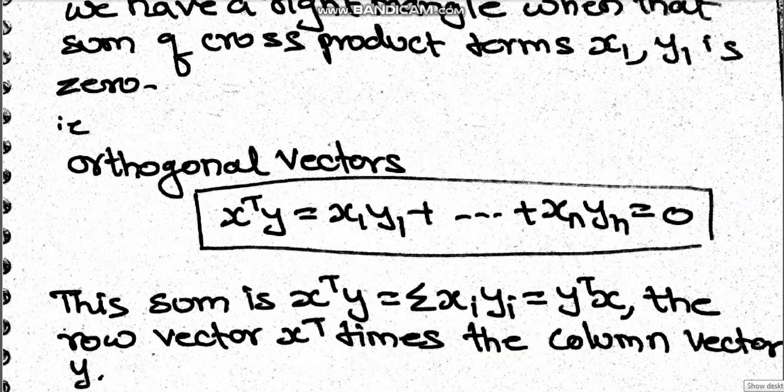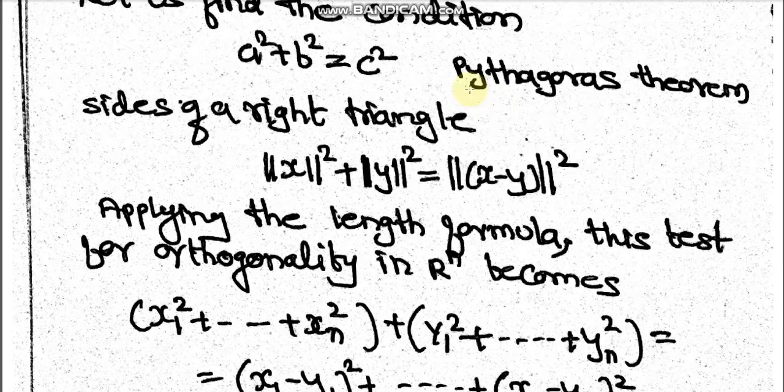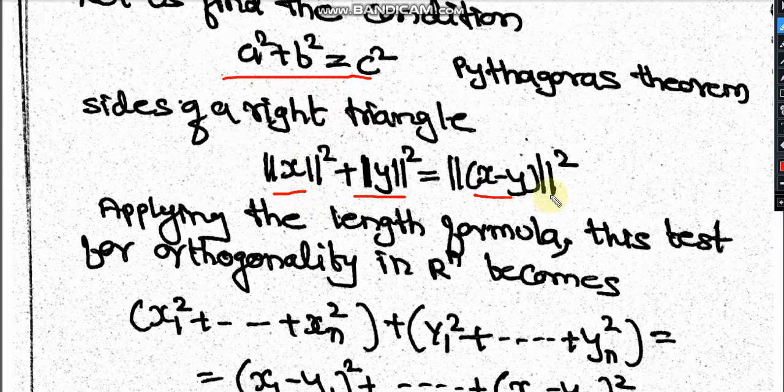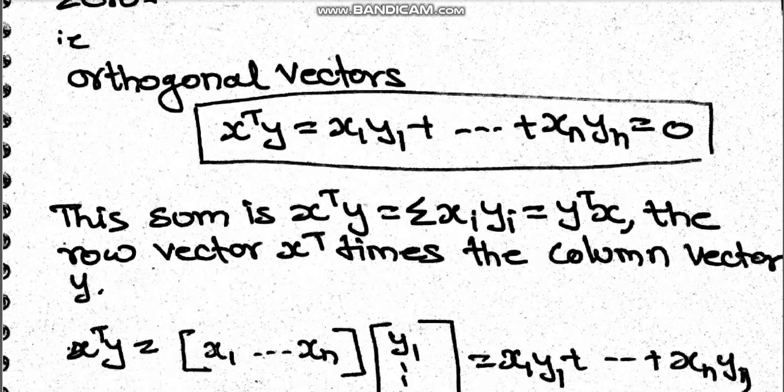So this is the condition. We got it from the right angle triangle. We derived this condition using the Pythagoras theorem, x square plus y square from this, and also you know the sides of a right triangle is this, right? So using this we derive the condition for checking the orthogonality of a vector.